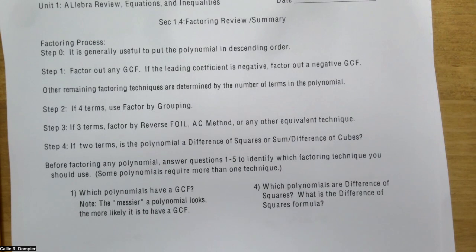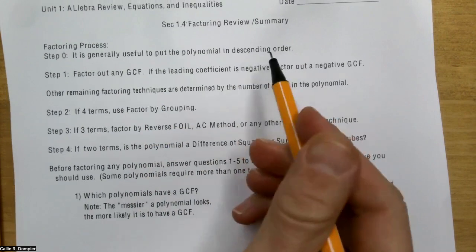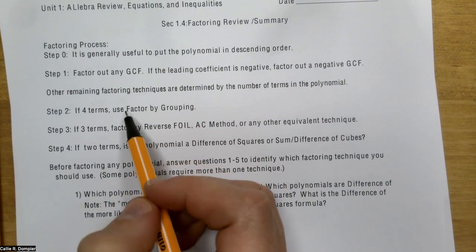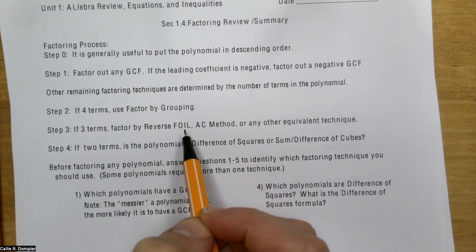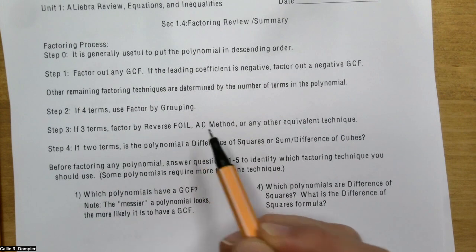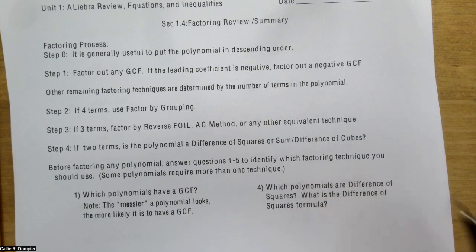And then after you have put it in descending order and you've factored out the greatest common factor, you're going to either factor by grouping, factor by reverse FOIL or AC method, or any other equivalent technique such as the quadratic formula, if you like that one, okay? If it has two terms, you can see if it fits into the rule for the difference of two squares, the sum of two cubes, or the difference of two cubes, okay?